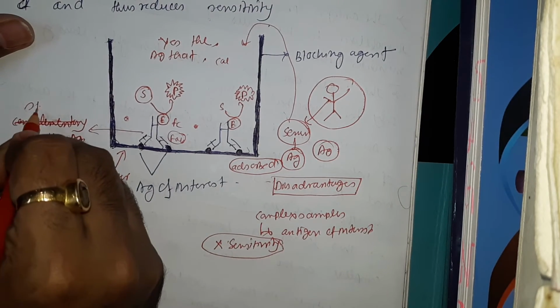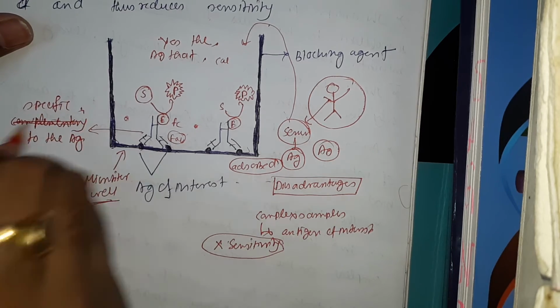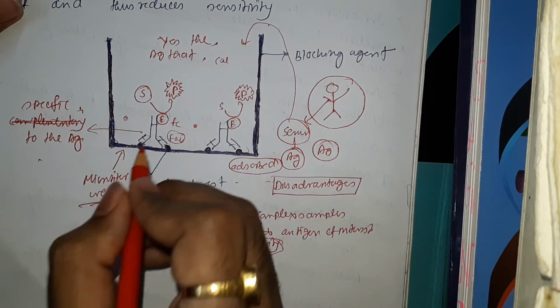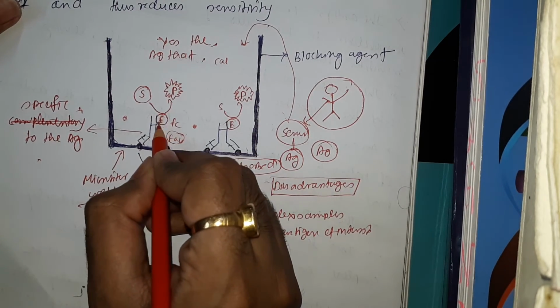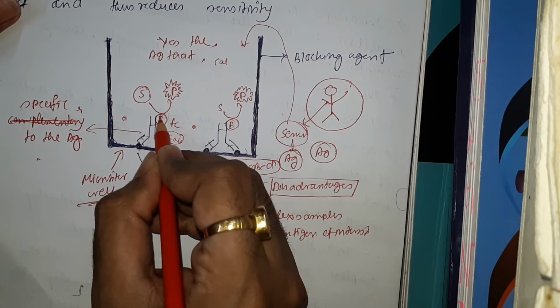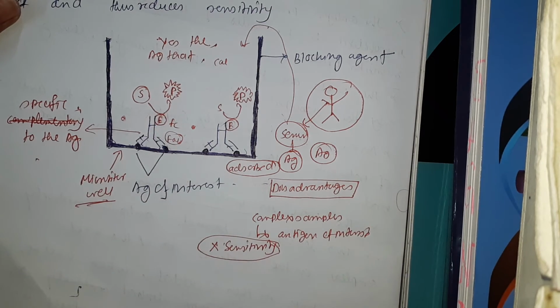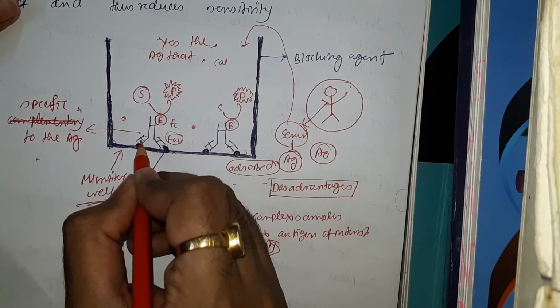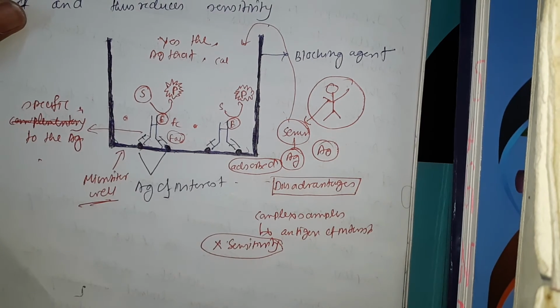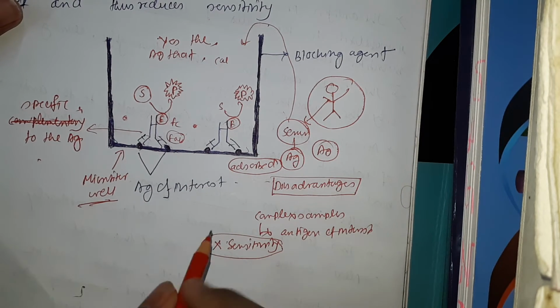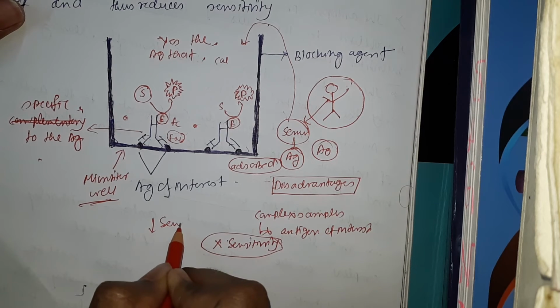It should be specific to the antigen, not complementary. Sorry for that. So if you use an antibody that is conjugated with the enzyme, then the affinity of that antibody for the particular antigen will be reduced. This in turn reduces the sensitivity.